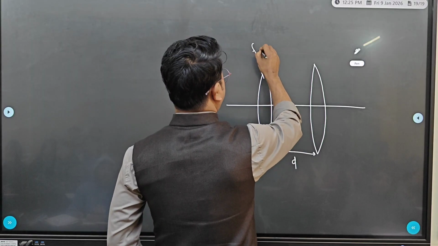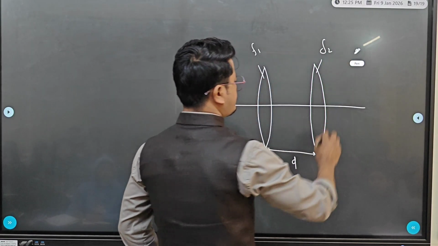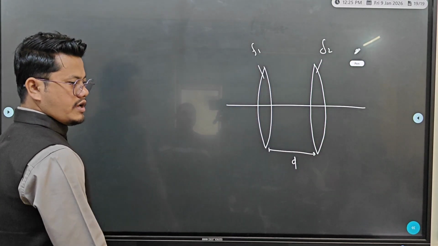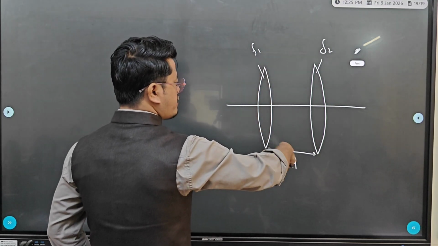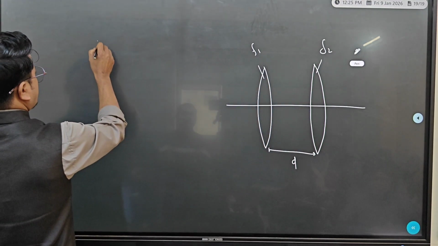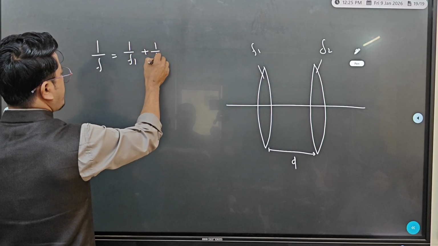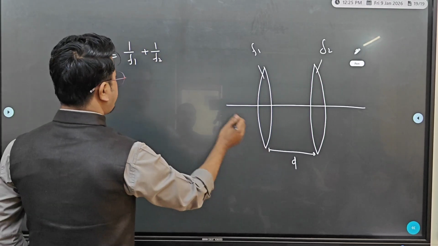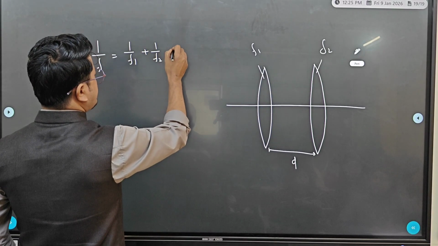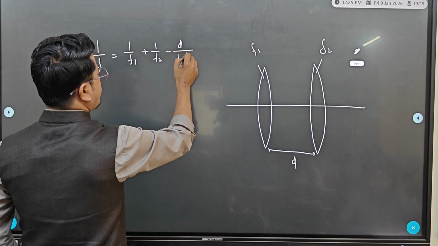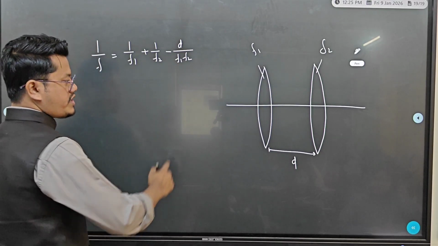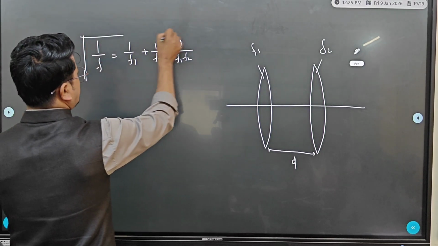This lens has focal length f1, this lens has focal length f2. Now if the question asks you to find the focal length of this entire system, the formula is the same as the previous one, 1 by f1 plus 1 by f2. But since they have a separation d, you just need to add a term minus d by f1 f2. Are you getting it? Where d is the separation between the two lenses.